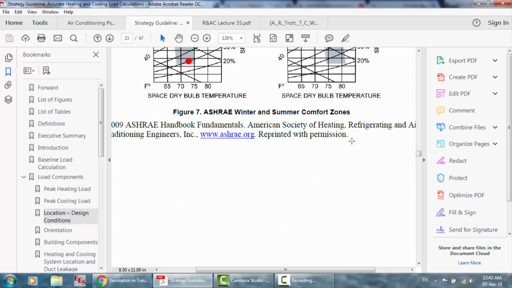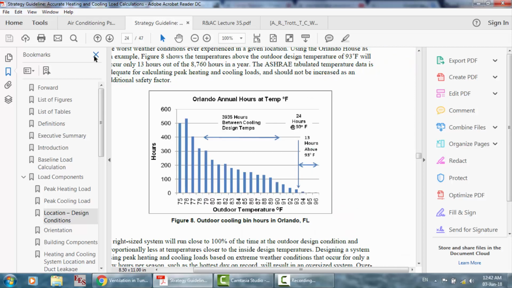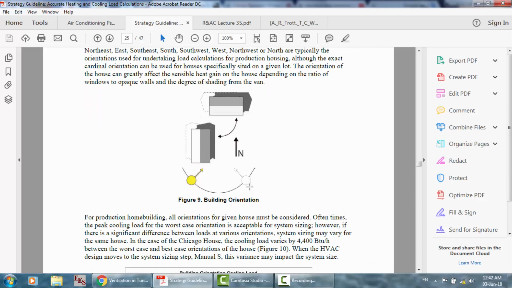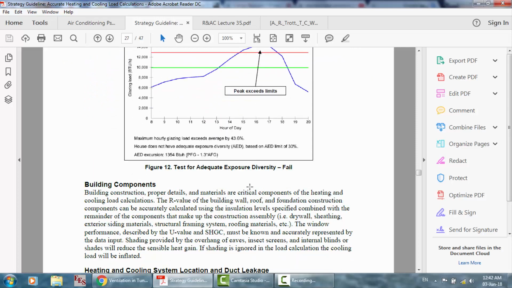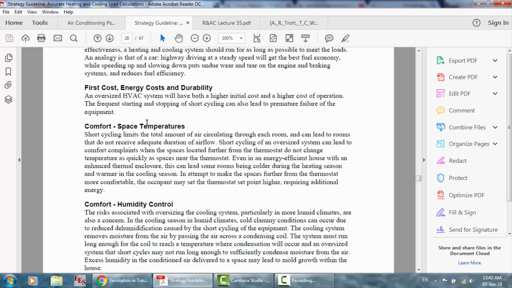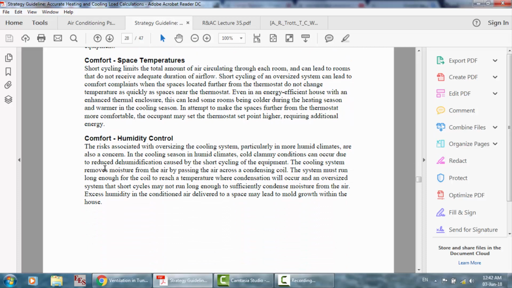You can check them out also from ASHRAE. We have here the building orientation and many things that you have to check out. And here are the space temperatures and the comfort of humidity control.